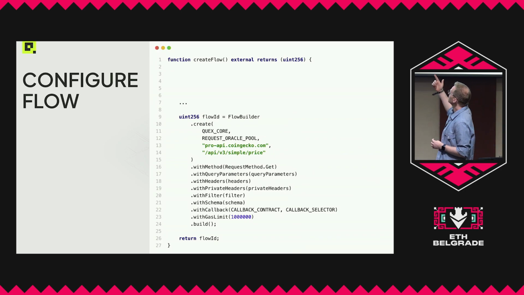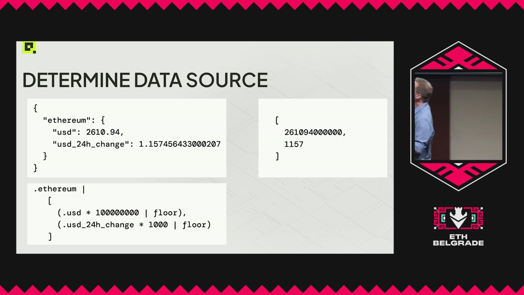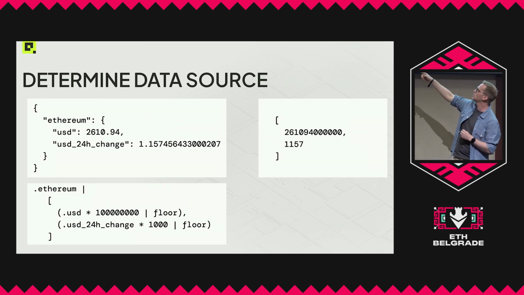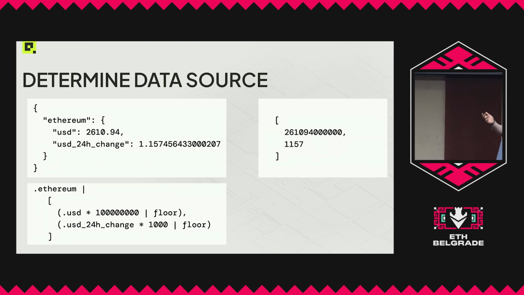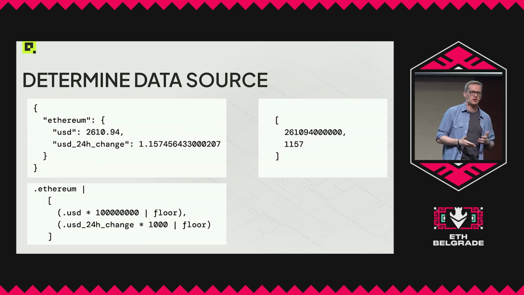So jq is a processing language. Let me move to the jq part. So what's written here? I need some Ethereum. I need to create an array of two objects, Ethereum USD and Ethereum USD 24-hour change. So jq provides lots of options for how you can transform your JSON.